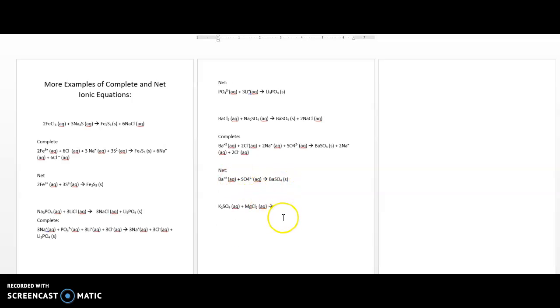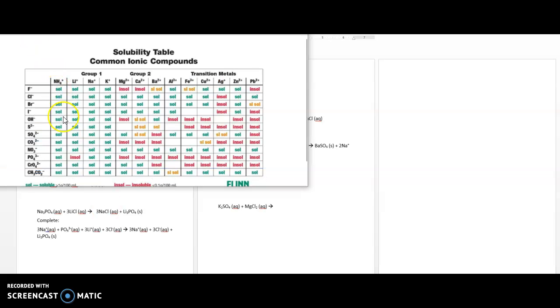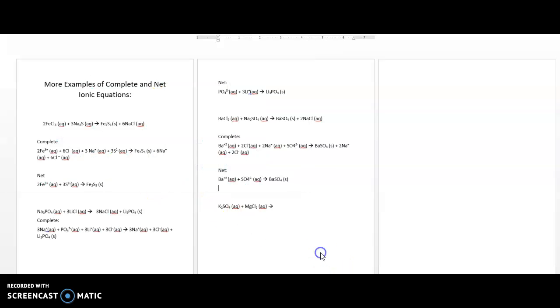Okay, and as my last example, I have potassium sulfate and magnesium chloride. And I should not have done this example because this is actually no reaction.